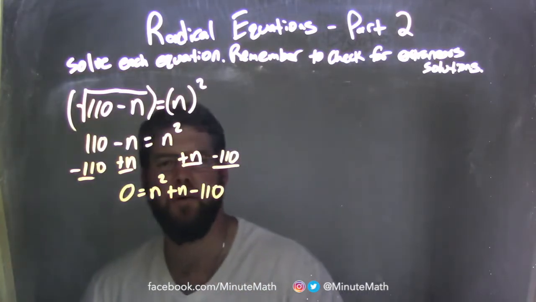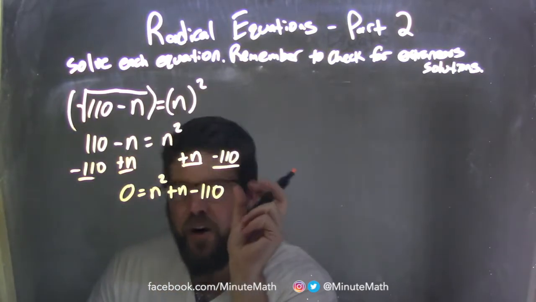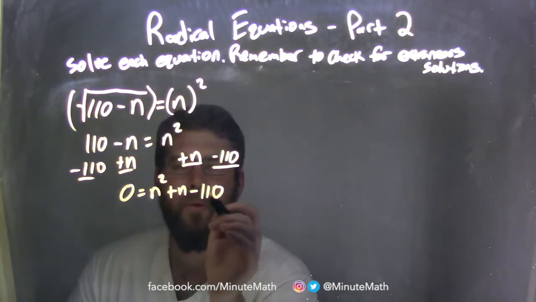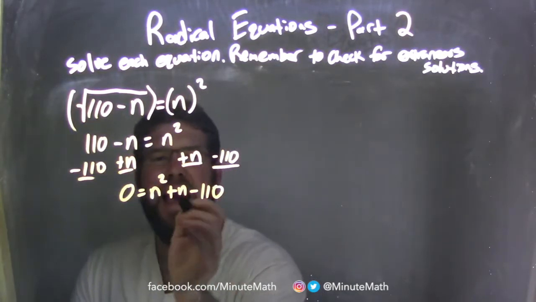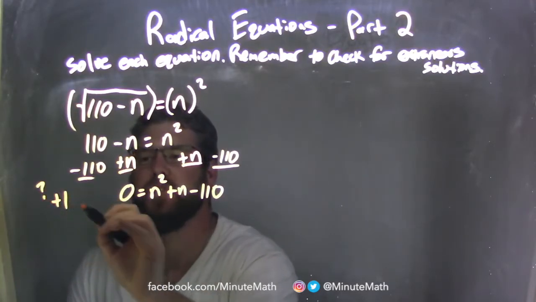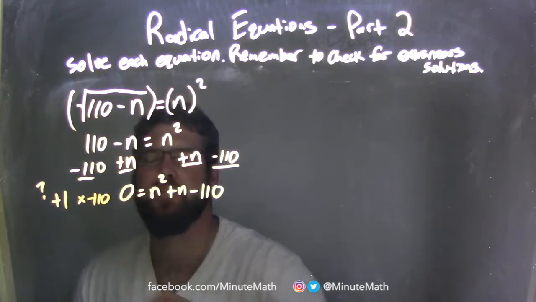Now I think to myself, okay, since there's a 1 in our a value, I can look for factors. Negative 110: what multiplies to be negative 110 but adds to be 1?